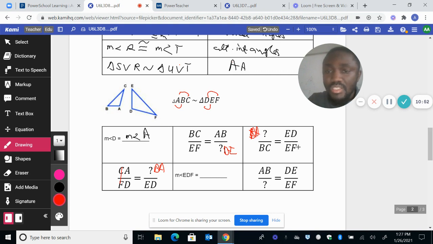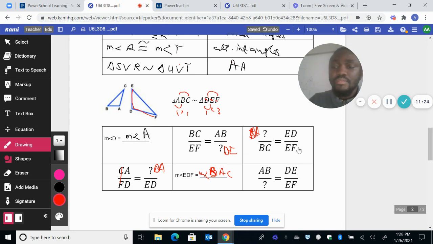So the measure of angle EDF is going to be equal to which? E to D to F, which is 2, 1, 3, is going to be B to A to C, so the measure of angle BAC.